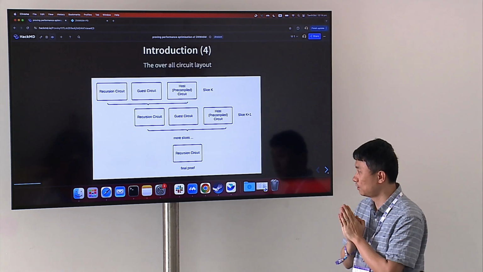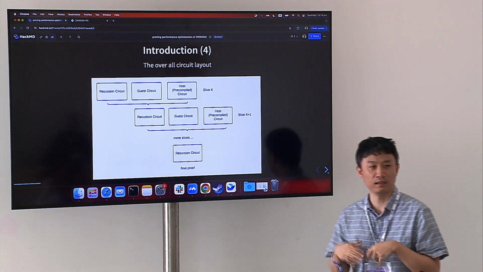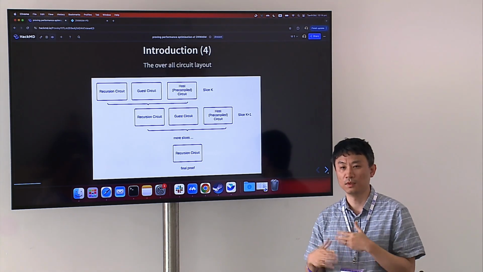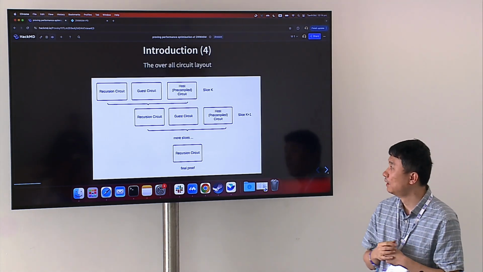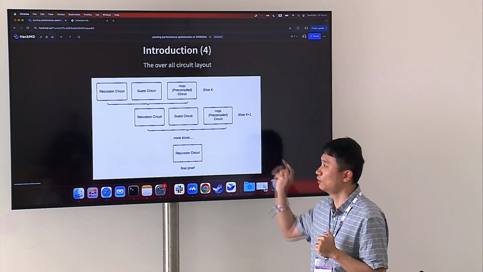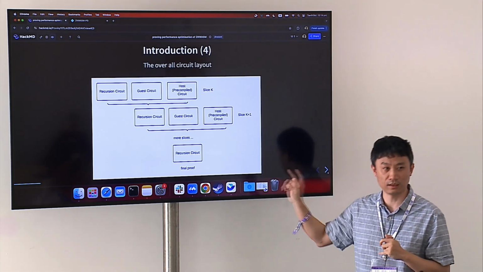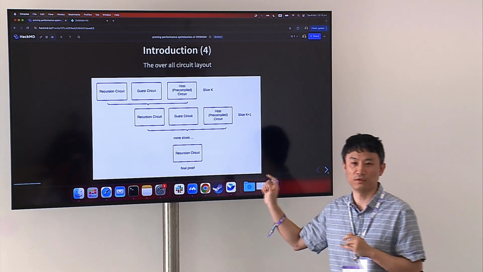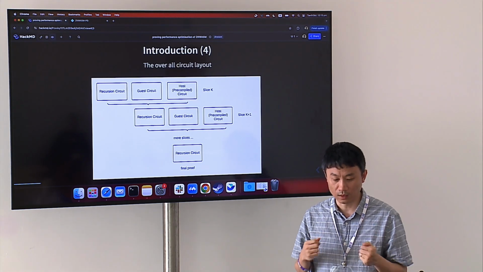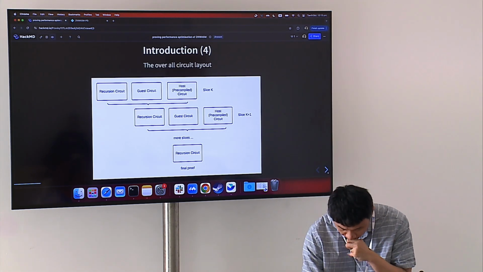Because there are lots of VMs outside, they're only comparing the proving time for the slices, but not mentioning the recursion. But I'm going to clarify that recursion for KZG is not that bad. But to achieve that performance, we need to do lots of work on how to pipeline the proof.